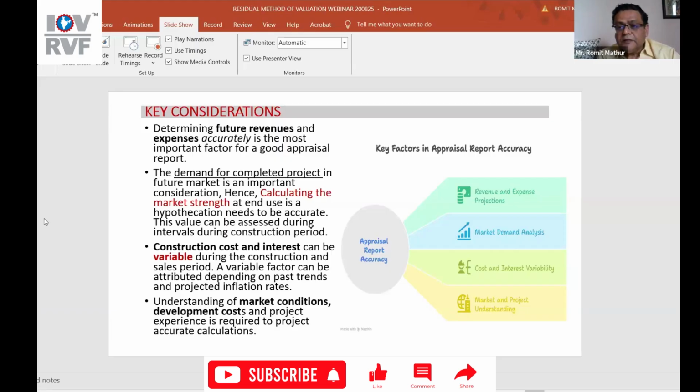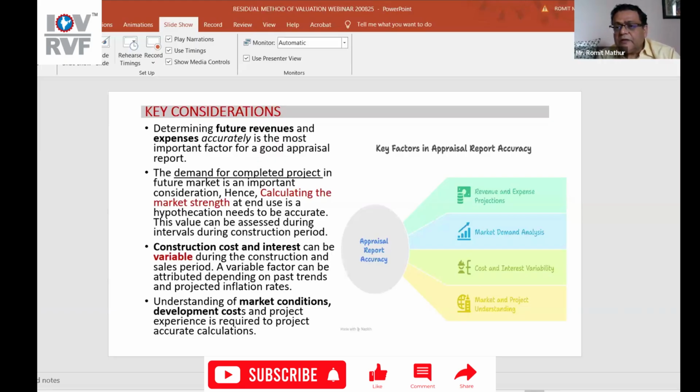So to understand the market, to understand the economic condition of the region, is a very important aspect in determining the land value. Understanding of market cost, development cost, and project experience is required to make accurate calculations.